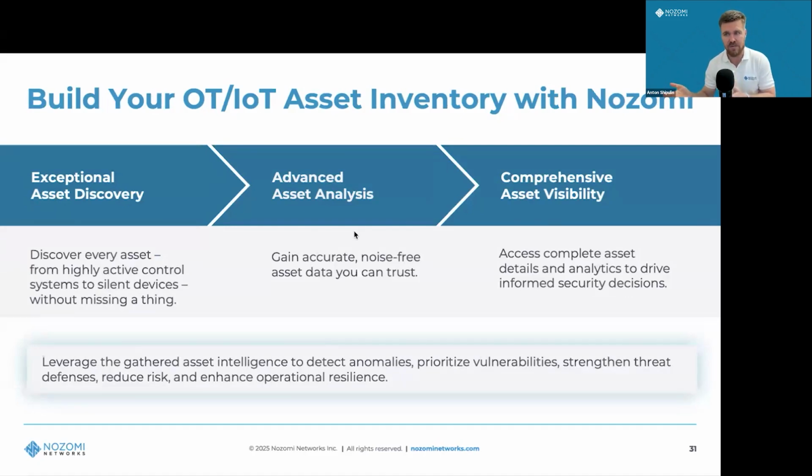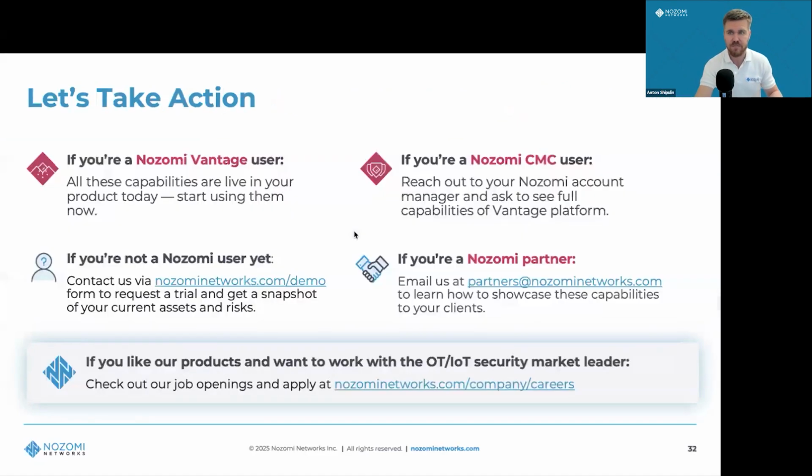And with our comprehensive visibility tool, you gain full access to detailed asset insights and analytics that support informed security decisions. In this way, by leveraging this asset intelligence, you can detect anomalies, prioritize vulnerabilities, strengthen threat defenses, reduce risk, and ultimately enhance your operational resilience.